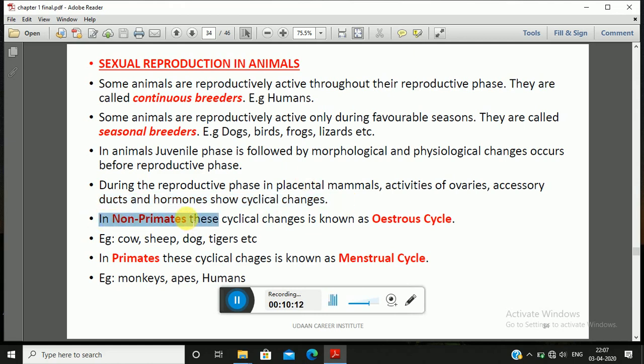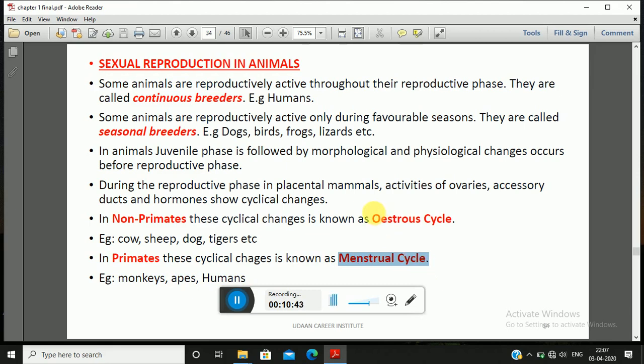In non-primates, these cyclical changes are known as the oestrus cycle, for example cow, sheep, dog, tiger. Whereas in primates, these cyclical changes are known as the menstrual cycle, for example monkeys, apes and humans. Friends, we will study the menstrual cycle in more detail in chapter number 3.